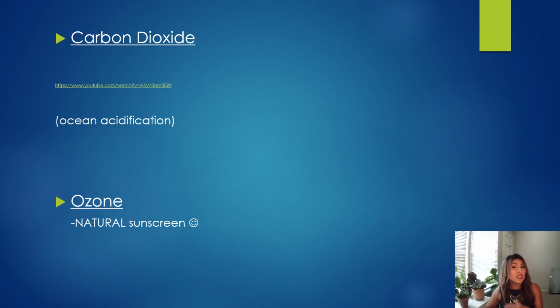So it's changing the chemistry of the ocean and it's now becoming more acidic. We call this ocean acidification. And what are the effects of this? Unfortunately, there's huge effects on ocean life. So for example, our coral reefs. Our coral reefs are disappearing.